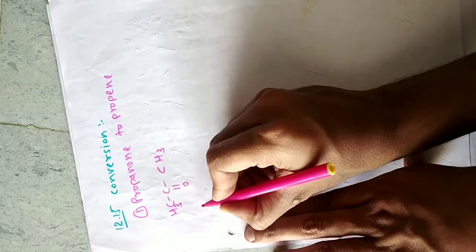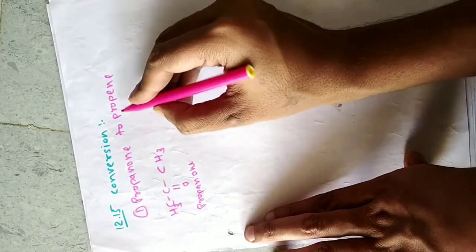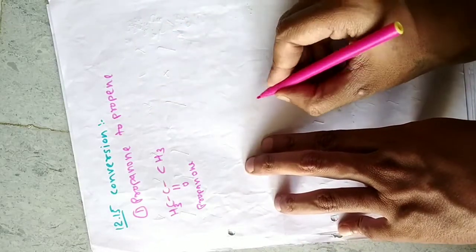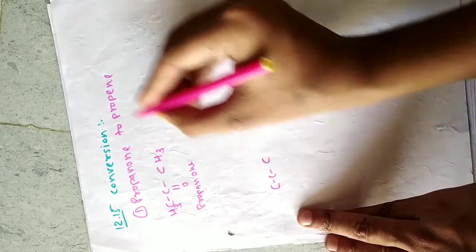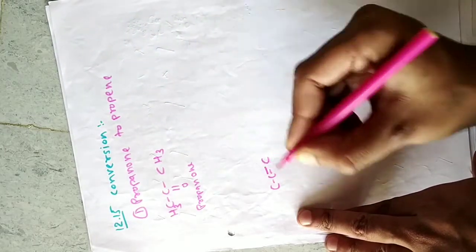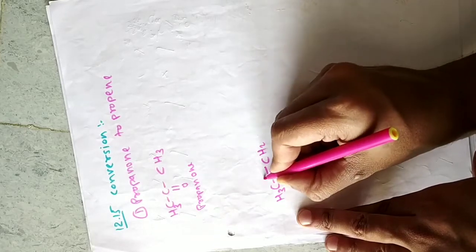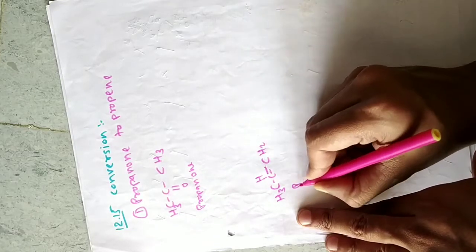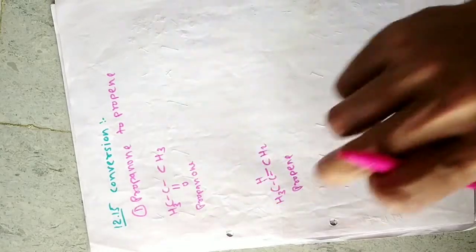Okay. And we need propene. Propene means 3 carbons and 1 double bond. So this one is our propene. Now what I am going to do to get this structure from this one?